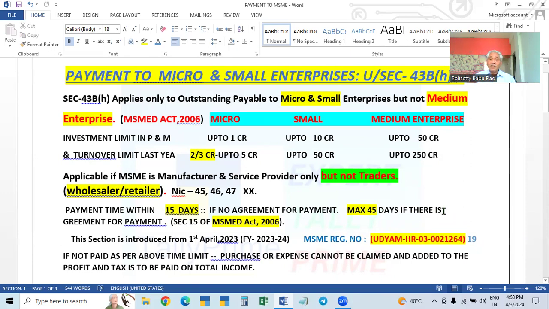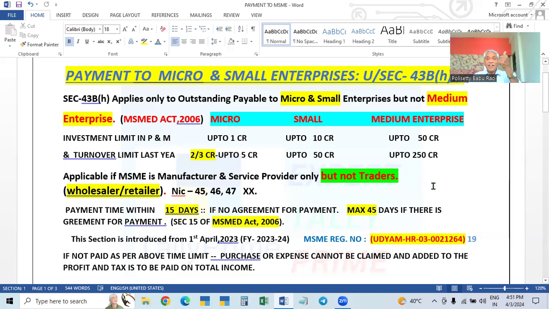If it is not paid within the financial year, then the purchase amount or the service purchase, meaning the expense amount that was debited in the profit and loss account. Purchases, services, expenses, everything. These purchases and expenses which are debited in the profit and loss account will be disallowed.